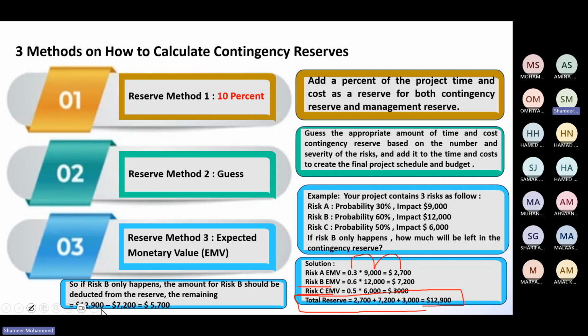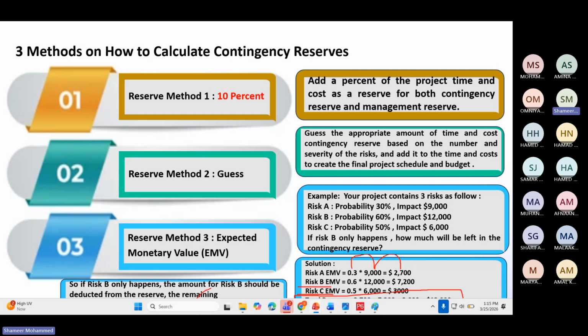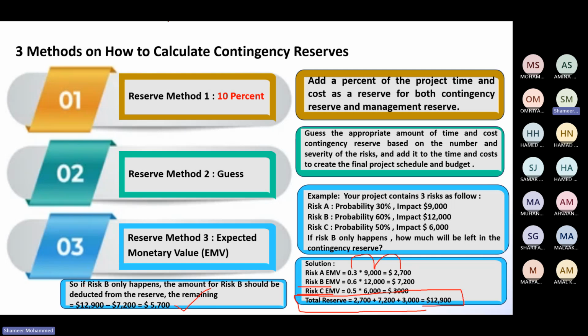So from the total 12,900, you subtract 7,200, then the remaining amount with you is $5,700. That is a reserve. So like this, you can calculate the reserve of your project, which is known as contingency reserve. So this type of problem also may come in your exam.